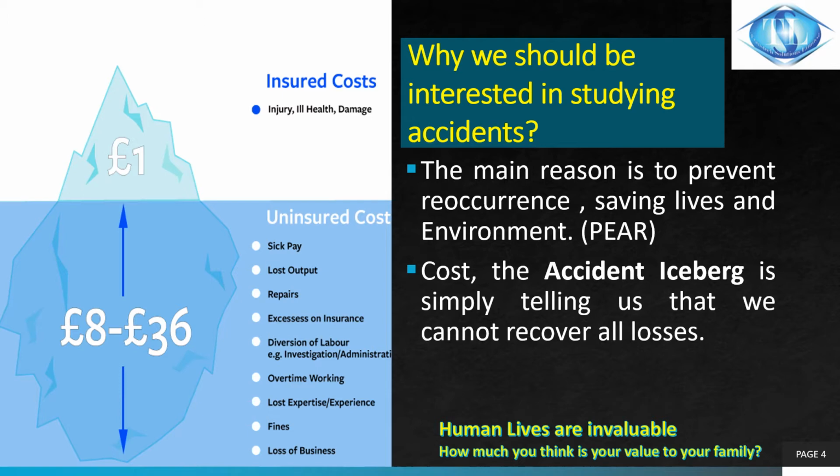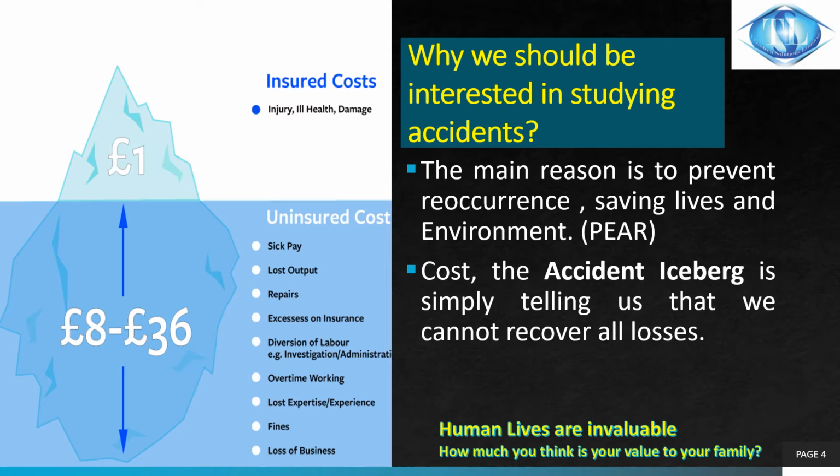But can we insure the loss of production? Can we insure the loss of experience, the time we spend to replace a person or train a new guy, and the loss of all the knowledge of the guy that we lost? Of course not. So this is represented by what we call the accident iceberg.